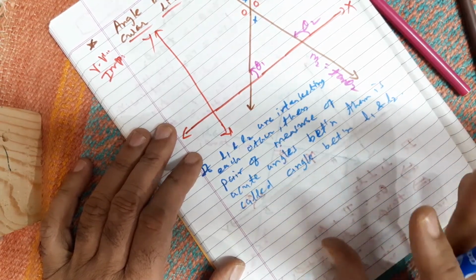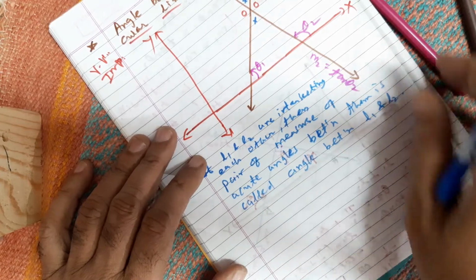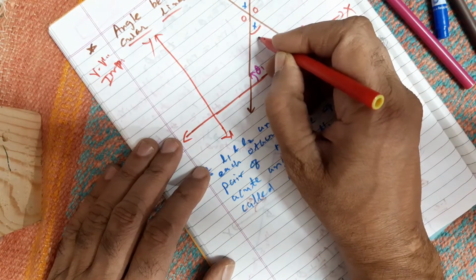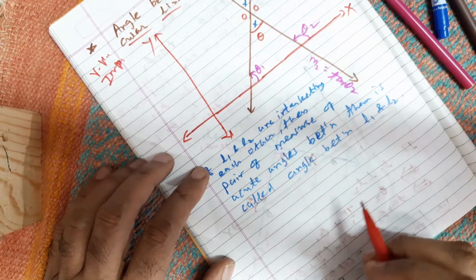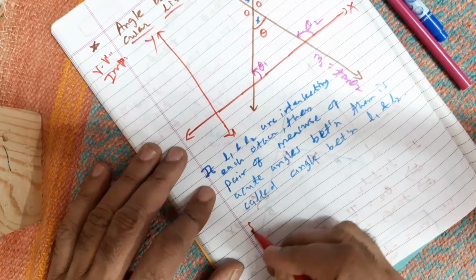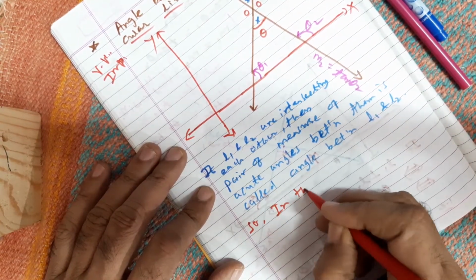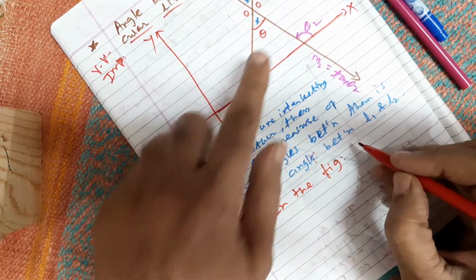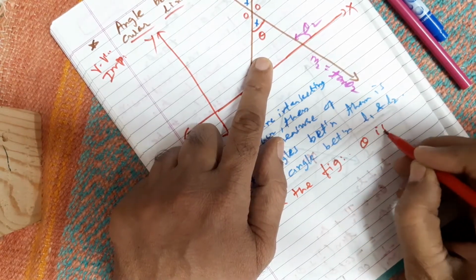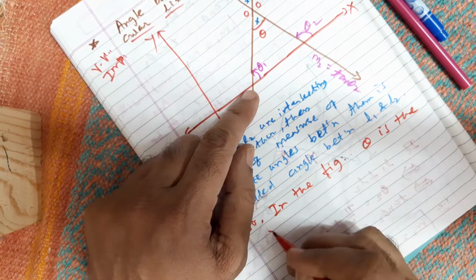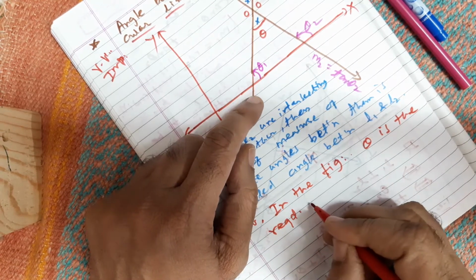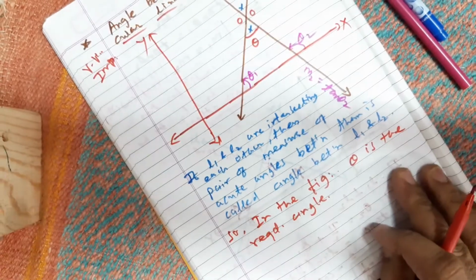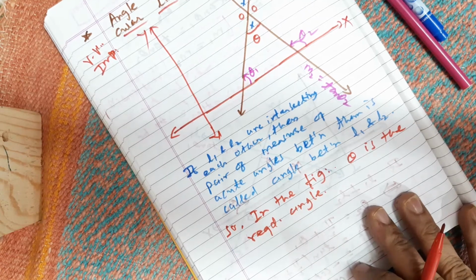Usually it is denoted by alpha or theta. Let's suppose in the figure I take it as alpha or theta, whatever you want to take. In the diagram, theta is the required angle, and the formula for theta is, now no derivation.